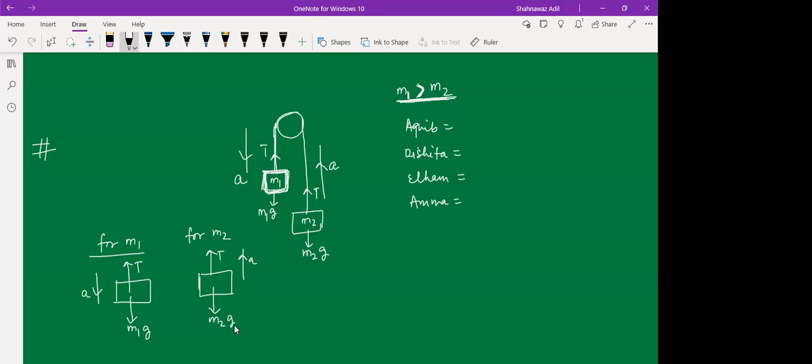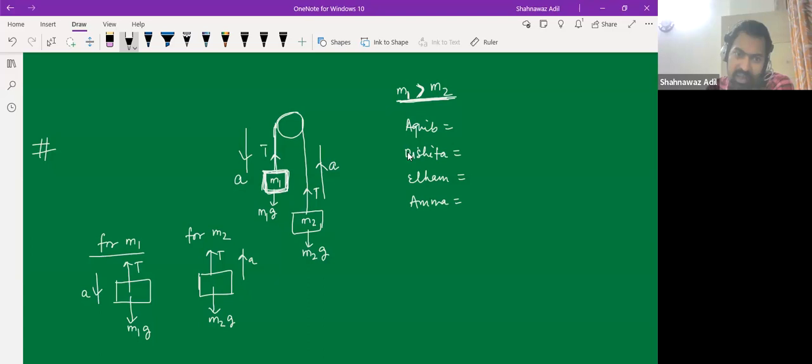Now I will ask, what would there be in this part: equilibrium or the equation of motion? Will there be a net force or will there be equilibrium for both the cases?